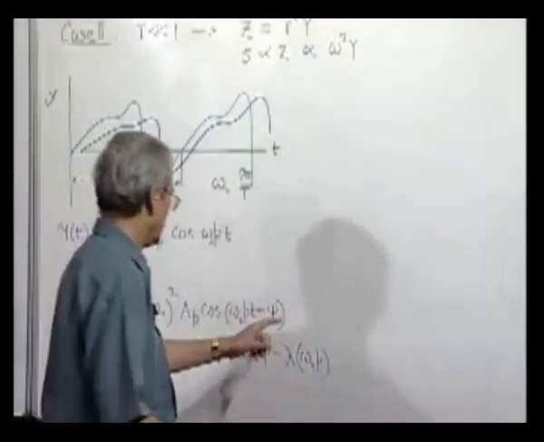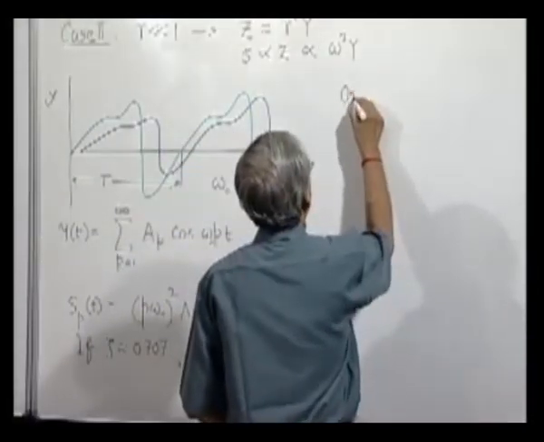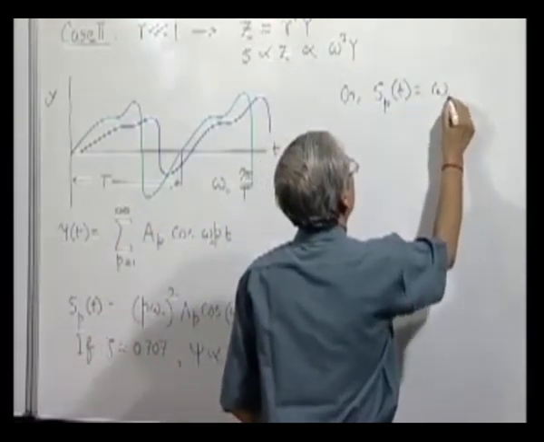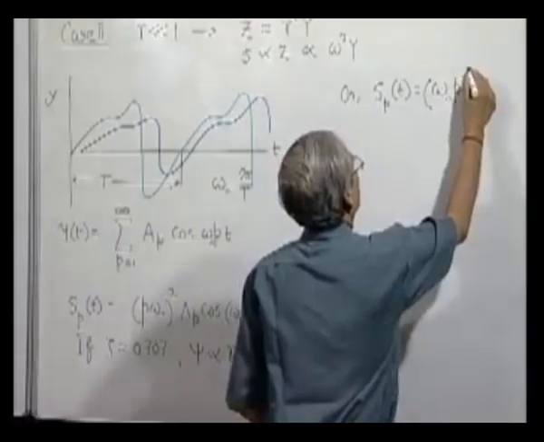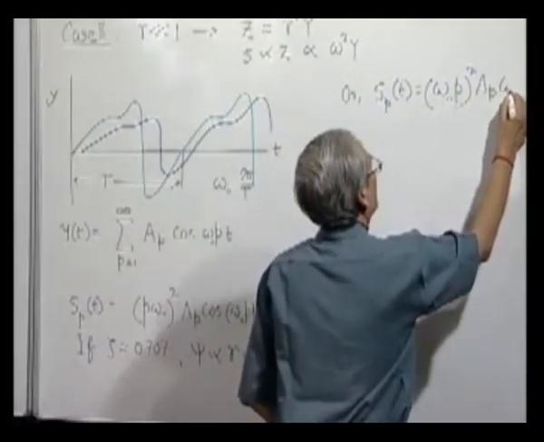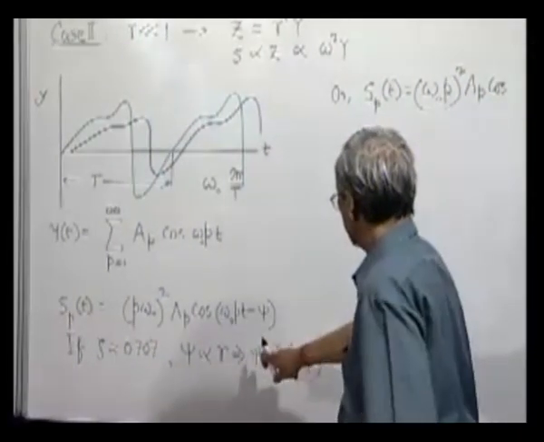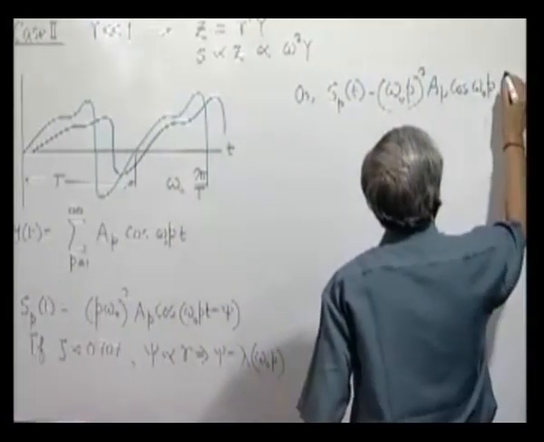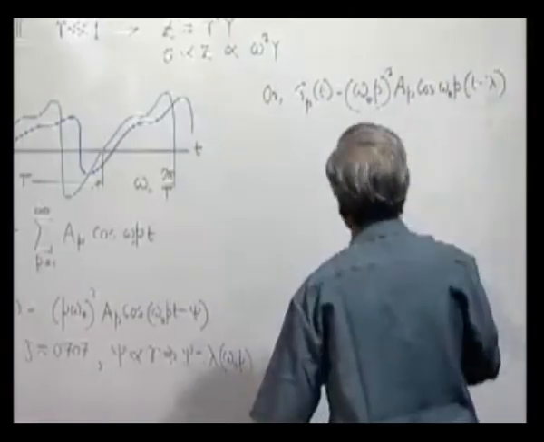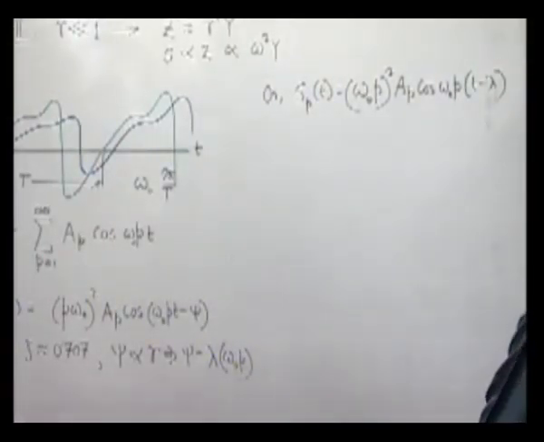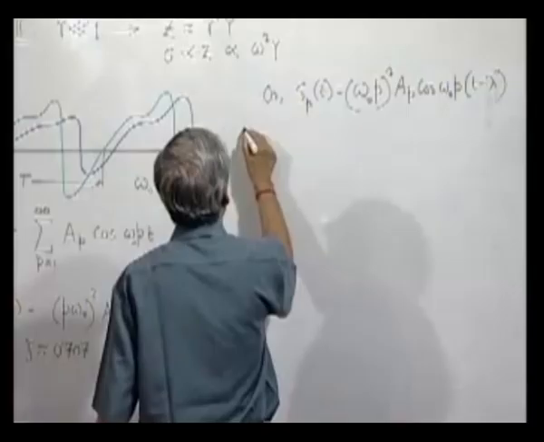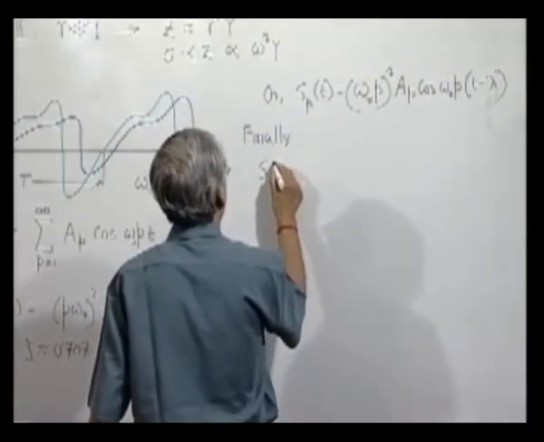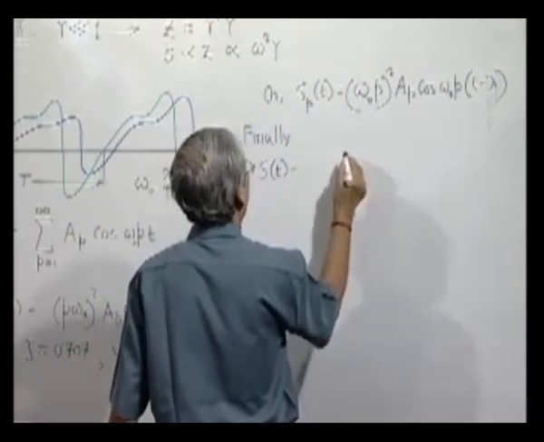So if we write it here, the signal for the pth harmonic which we get is, now if we use psi equal to lambda omega 0 p and take omega 0 p common outside, it will be simply, where lambda is a constant, and the total signal will be the sum total of all the harmonics.